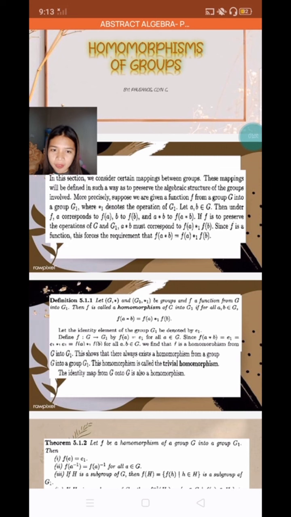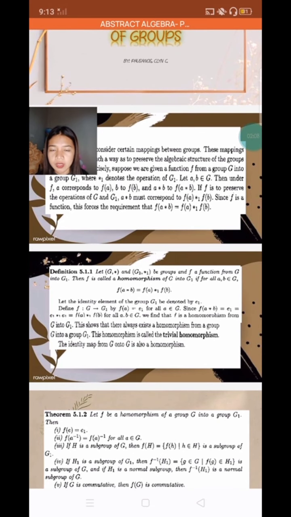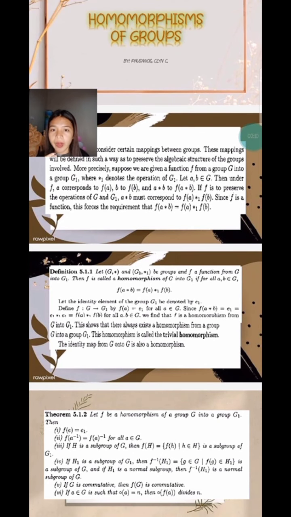So, if f is to preserve the operations of G and G sub 1, a star b must correspond to f of a star 1 f of b. Since f is a function, this forces the requirement that f of a star b is equal to f of a star 1 f of b.